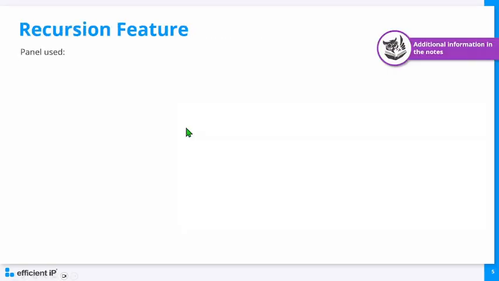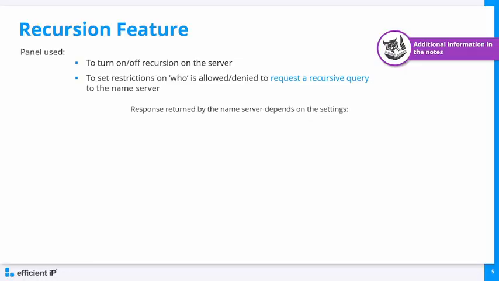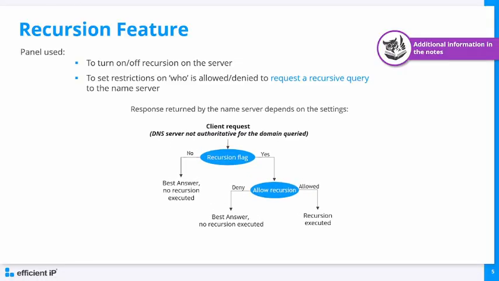One by one. So first of all, recursion. Recursion is an option that you can turn on or turn off on the DNS server.